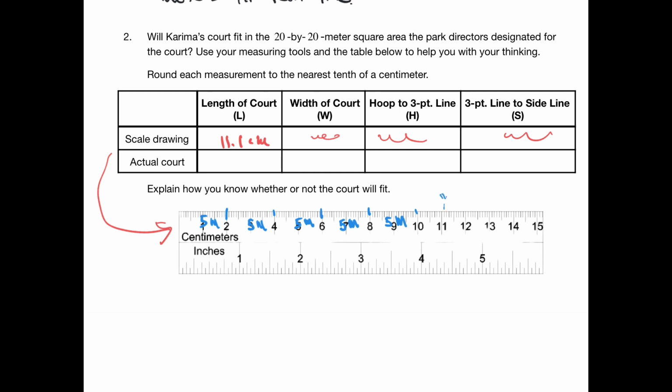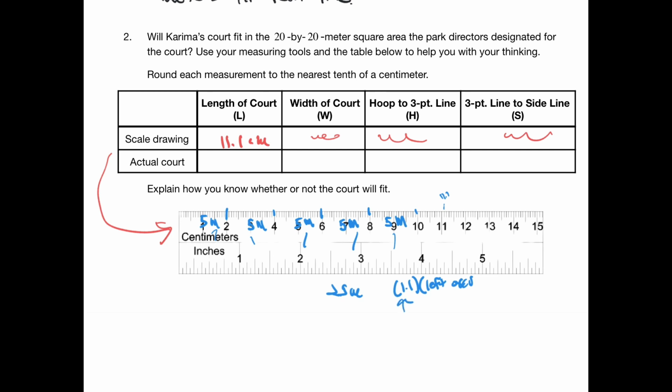This is my 11.1. So right now I have 5, 10, 15, 20, 25 meters, and I almost have up to a full 5 meters. I have 1.1 of whole 5. So I know it's going to be at least 25 meters, but I have to figure out what this 1.1 is.